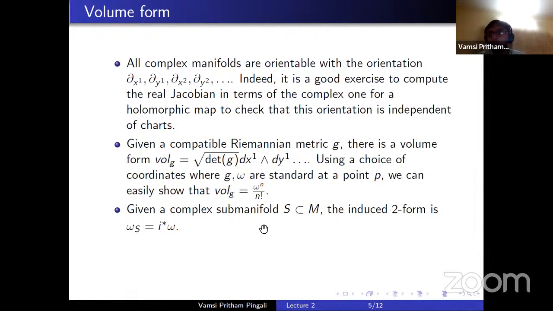You would want to think of it like that. My point is, if you give me its real part, I can figure out its imaginary part too. That gives you a real vector field. If you take the one parameter group of diffeomorphisms generated by that real vector field, all those diffeomorphisms are actually biholomorphisms.